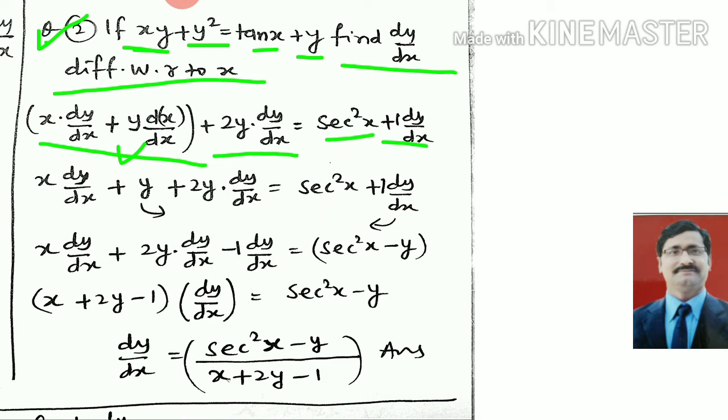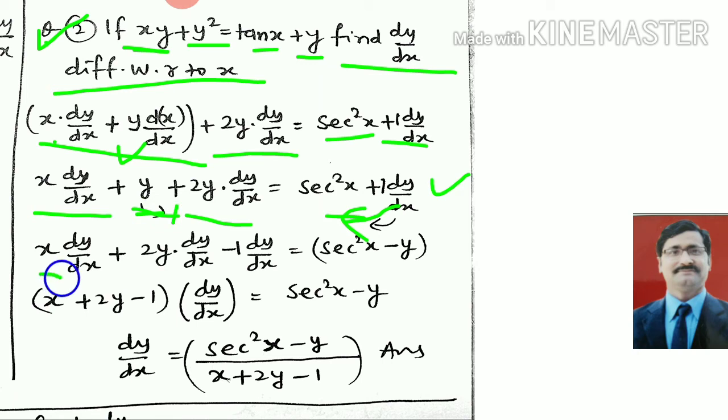Now look here, you will open the bracket, you get x dy by dx. dx by dx will be 1, so you get y only. 2y dy by dx, sec square x and dy by dx. This dy by dx you will transfer to the left hand side, and this y you will transfer to the right hand side.